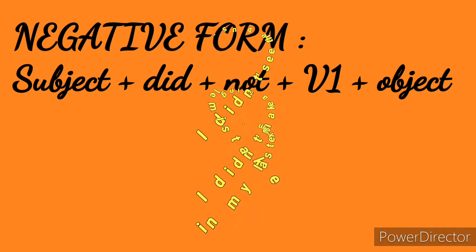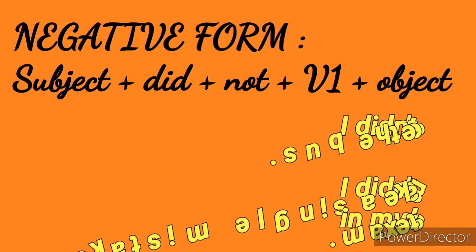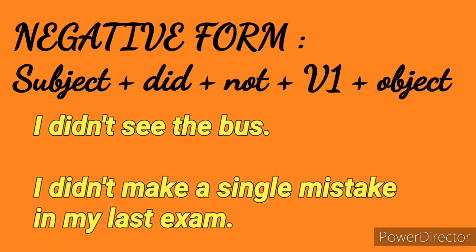I didn't see the bus. Here I is the subject. Did plus not is didn't. So see is the V1 form and bus is the object. So, I didn't see the bus.